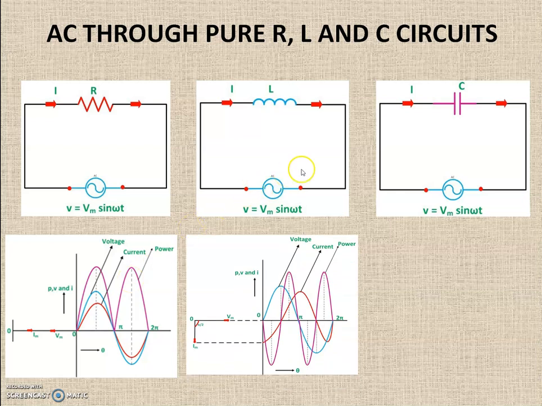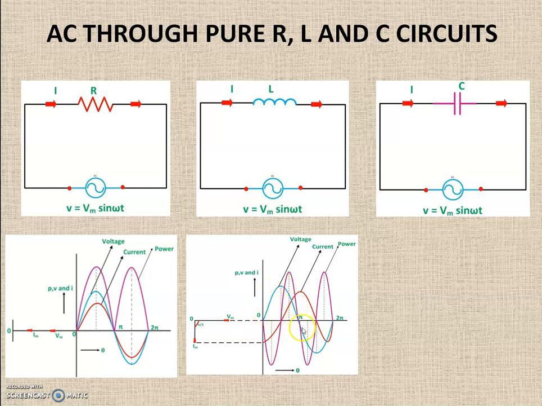In the case of an inductive circuit, from the phasor diagram you can see that the current is lagging the voltage by an angle of 90°. This is a phasor diagram. The current is lagging the voltage by an angle of pi by 2, and it is also evident from the graph.